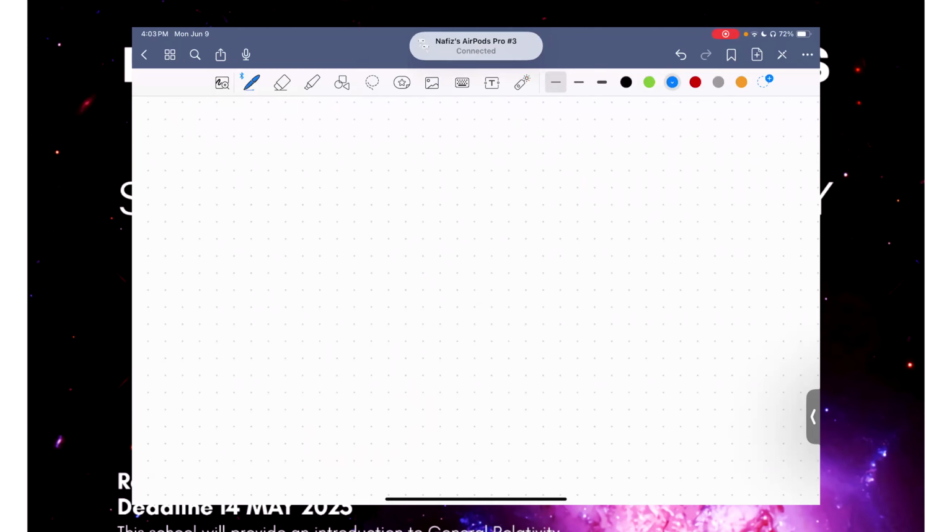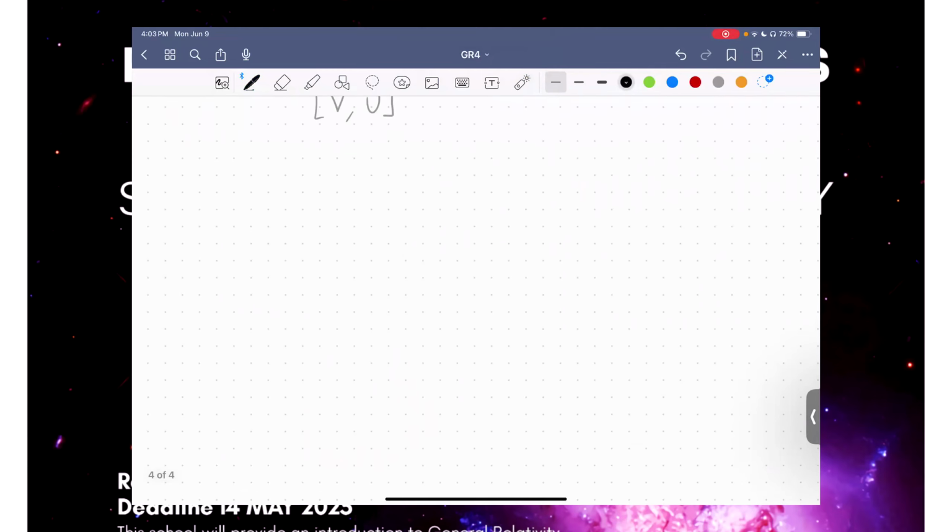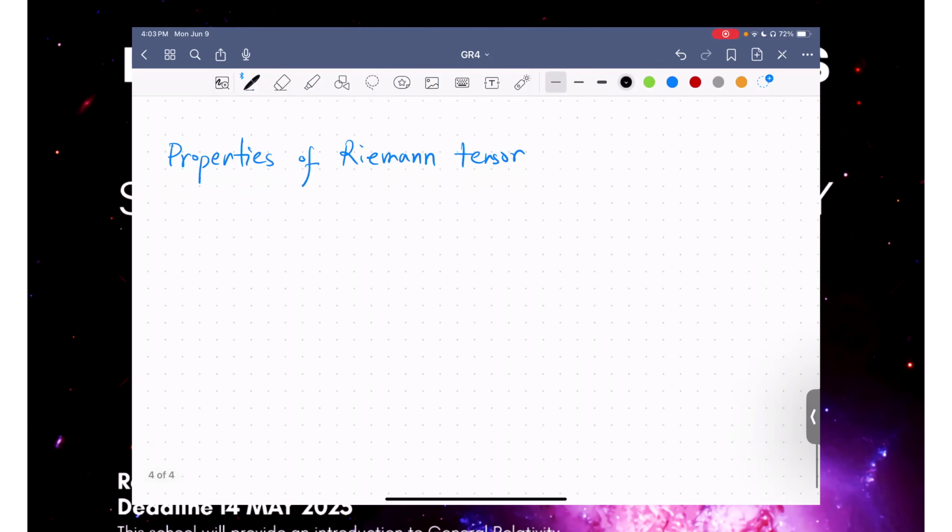So now let us look at some of the properties of this Riemann tensor that we have defined. So first property, what it says is that if you swap these two indices, you get a minus sign.